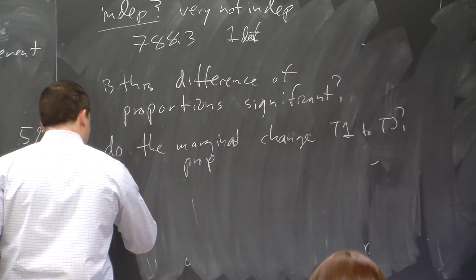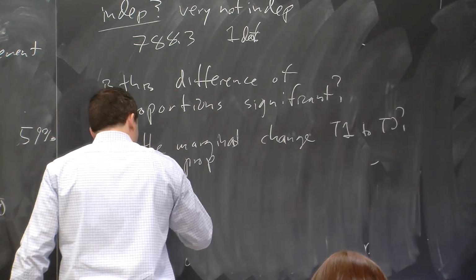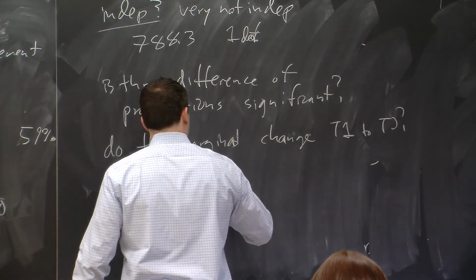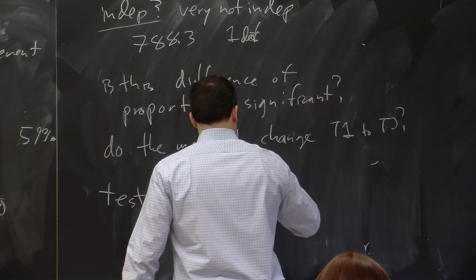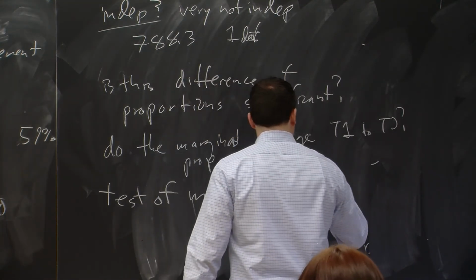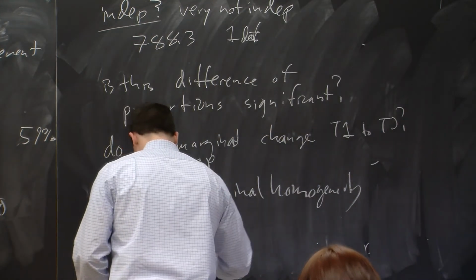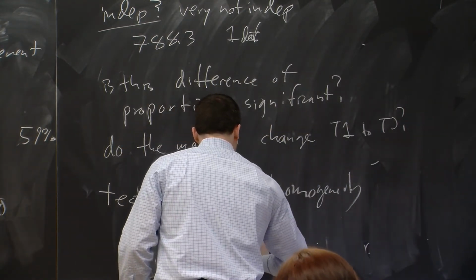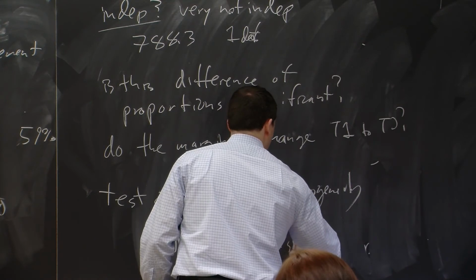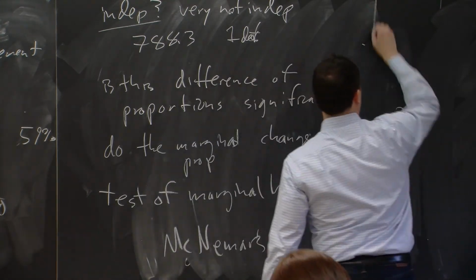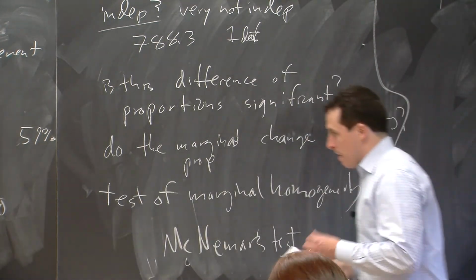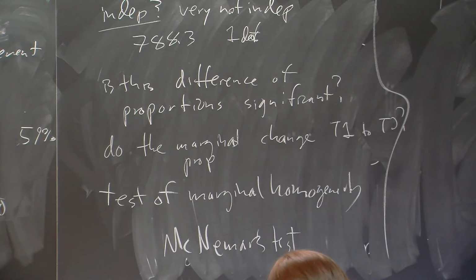And so the relevant test, as that suggests, is a test of marginal homogeneity. The test we're using for that is something called McNemar's test. So what is the null hypothesis?